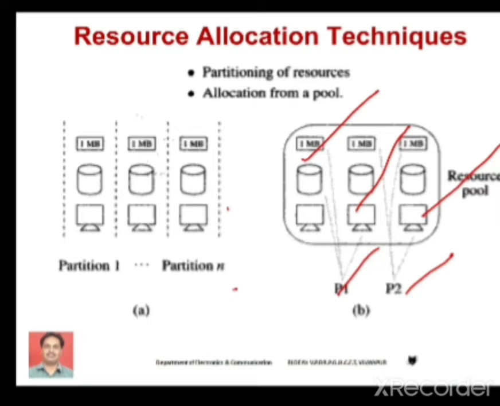The disadvantage is that it leads to wastage of resources. On the other hand, allocation from a pool: in this case, the operating system is going to maintain a pool of resources. The resources are allocated to the program only when a program makes a request. The advantage is no wastage of resources, and it is difficult to implement.